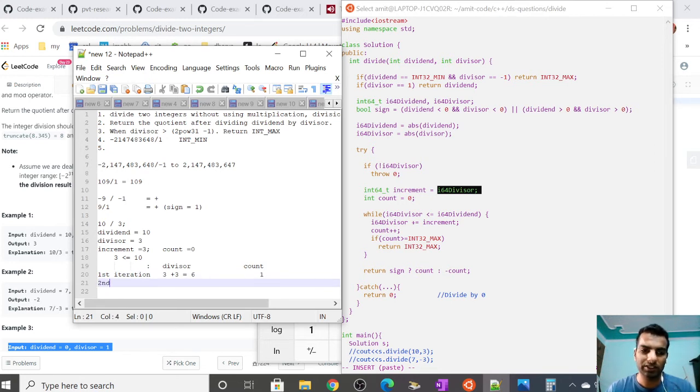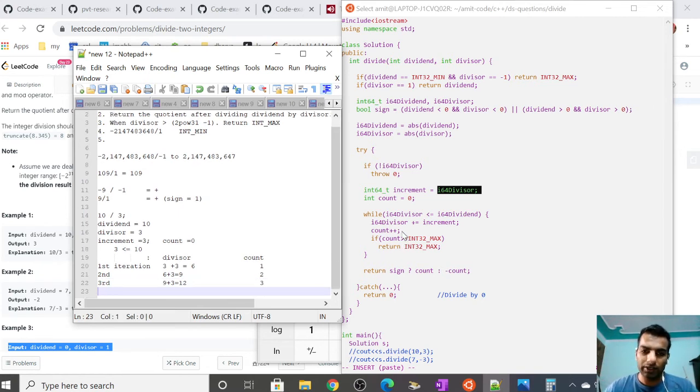So on the second iteration it will do divisor, that is 6, plus increment, which is 3, it becomes 9, and count becomes 2. On the third iteration it checks that 9 is still smaller than 10, so the divisor becomes 9 plus 3, which is 12, and the count becomes 3.